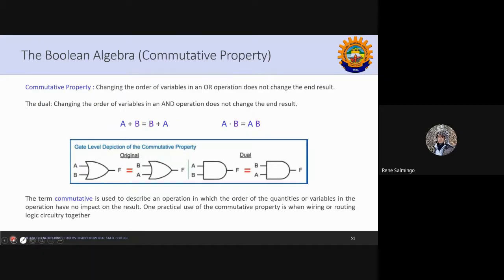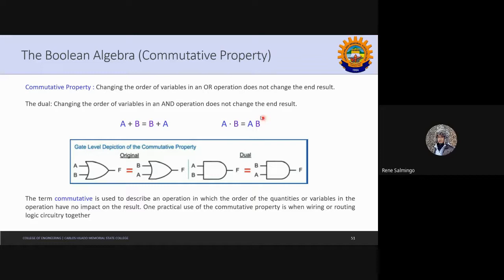Now we have another property, the commutative. When you say commutative, we are changing the order of the variables. So when you say A or B equals B or A, we just change the input order, and it's still the same.